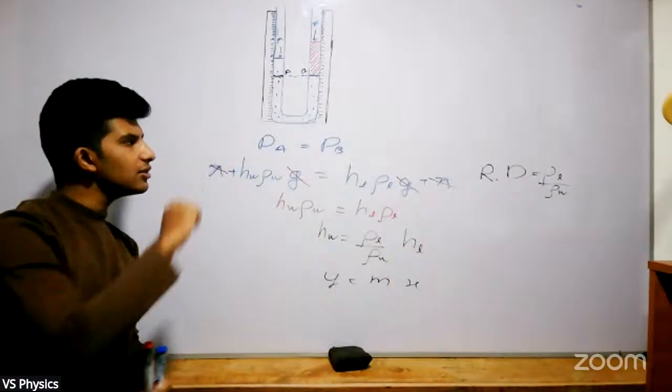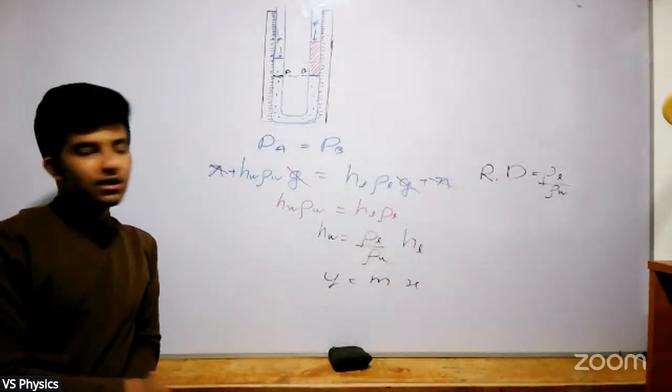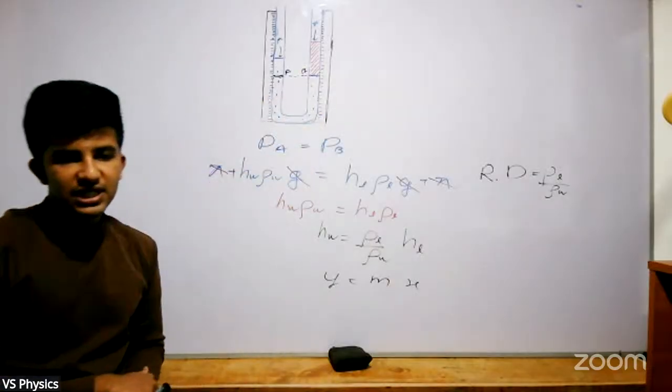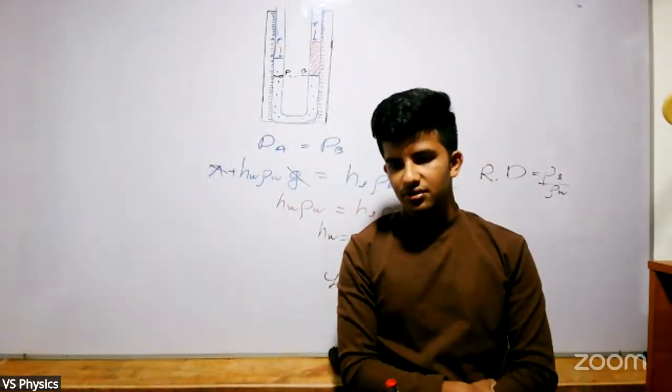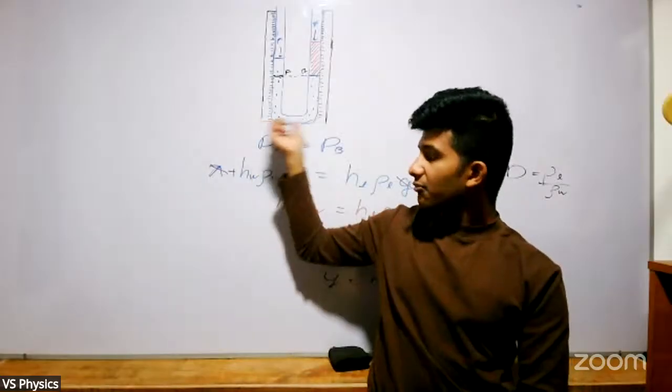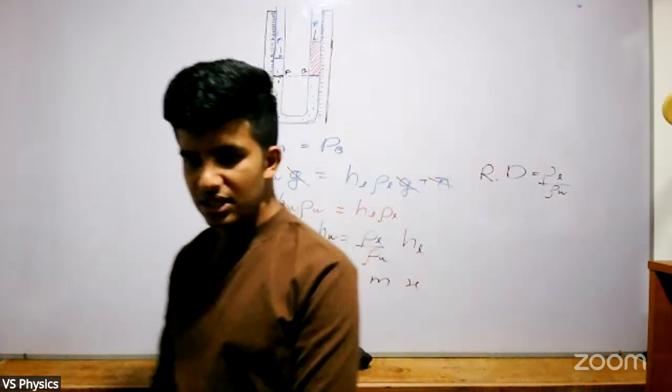But there's another rule to follow when we are fixing the half-meter ruler. What is that rule?